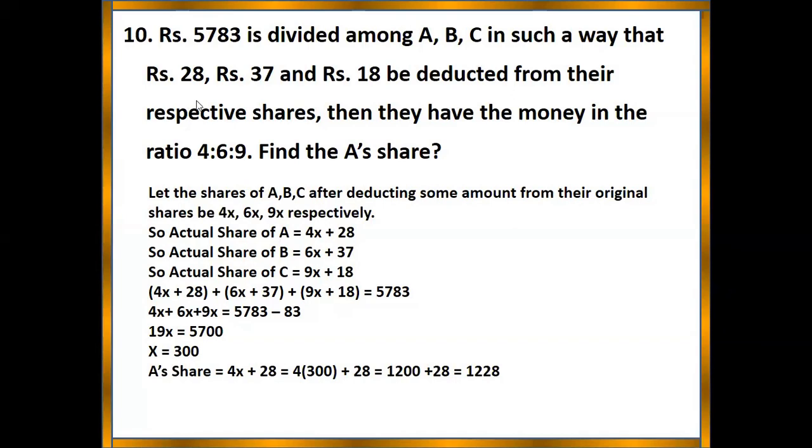Nothing but if you add 28 rupees, that is the original share of A. 6x is the share of B after deducting 37, so before deducting it is 6x plus 37. 9x plus 18 is the share of C. Up to that, any doubts?